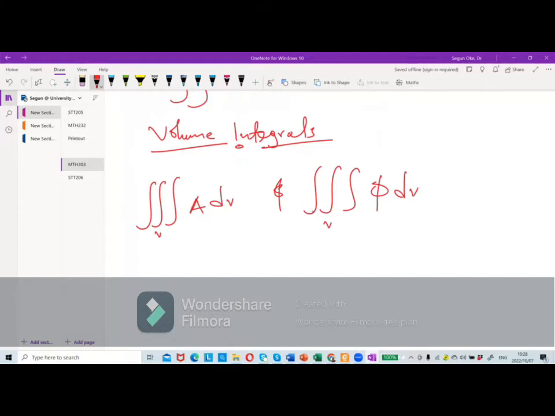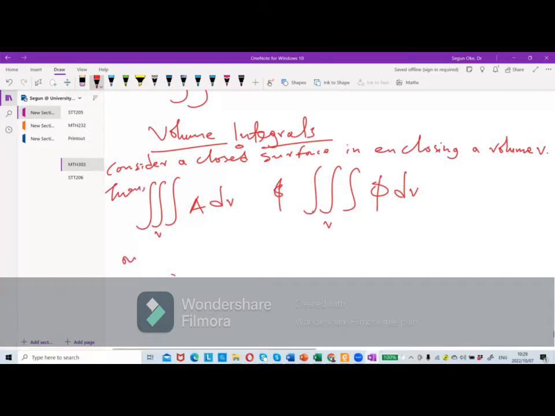We have the example of this, which we can call a volume integral. Consider a closed surface enclosing a volume V. Then you have this.